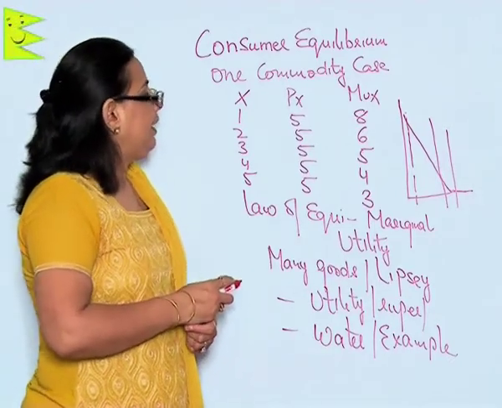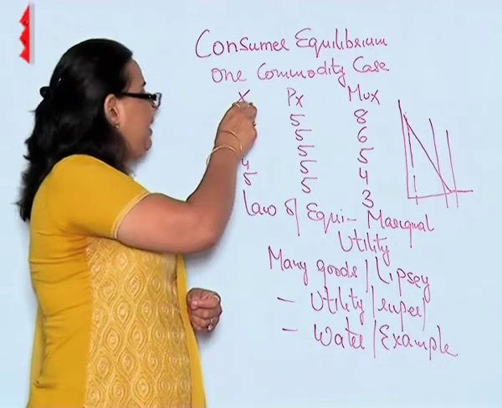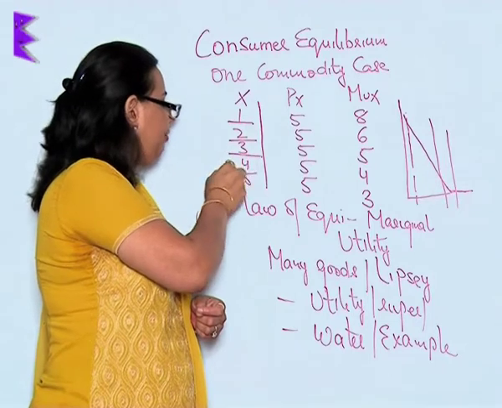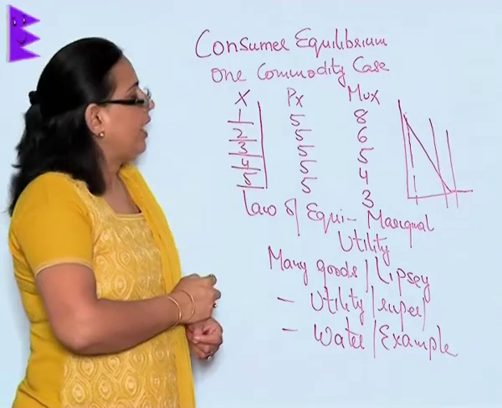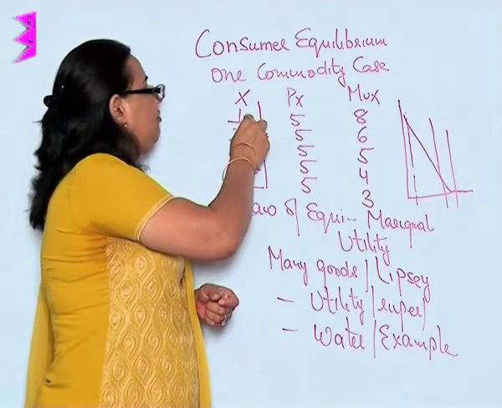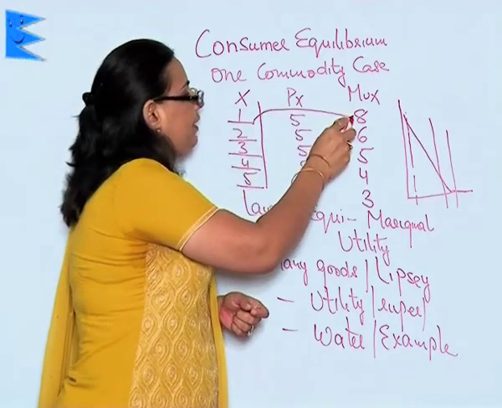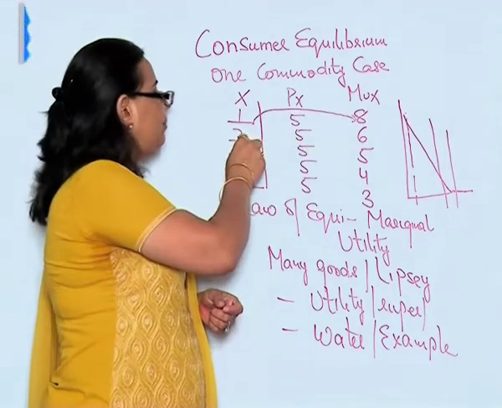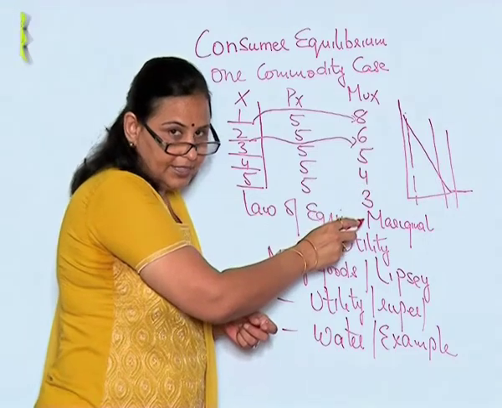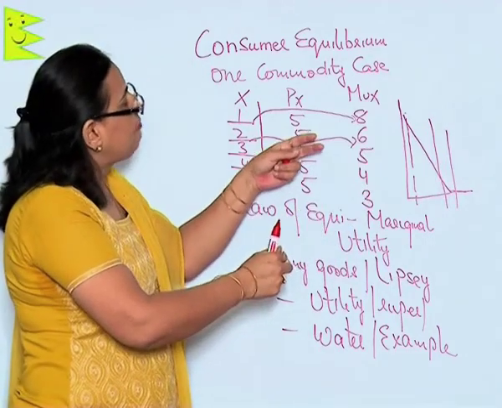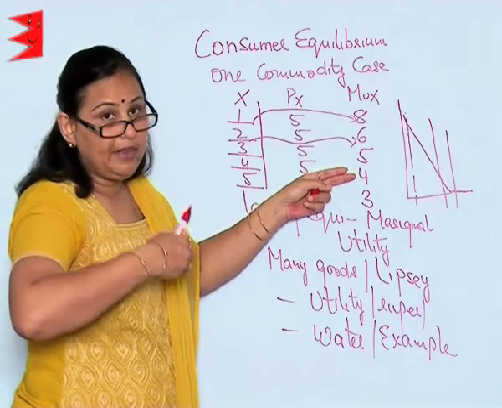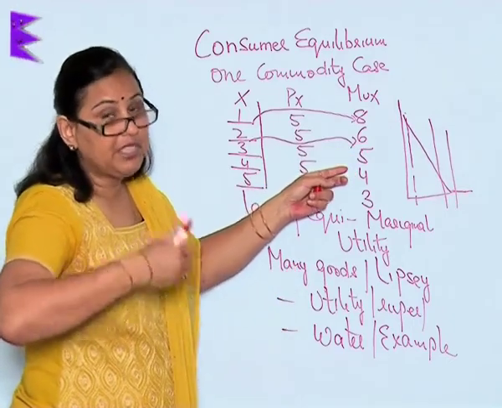Supposing he is buying these units 1, 2, 3, 4 and 5, and the marginal utility that he is getting is, from the first unit 8, from the second unit 6. See, it is diminishing, it is decreasing. As I said, the law of marginal utility is as you consume more, the marginal utility keeps decreasing.